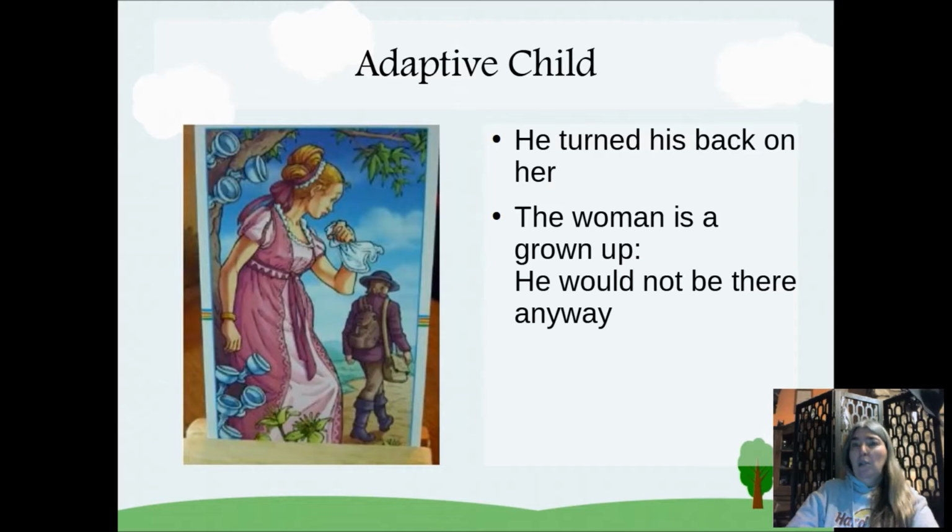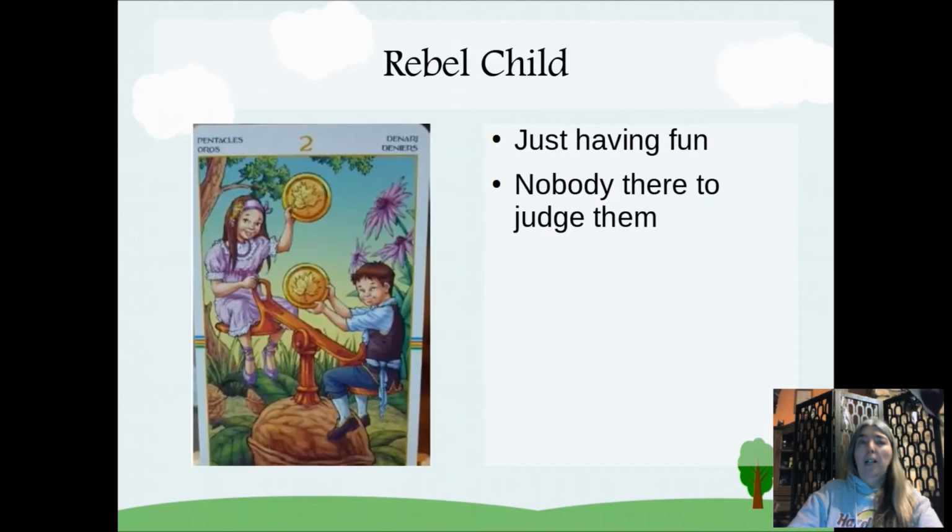The card she drew for the rebel child was two kids playing, just having fun. And when I was asking her to get an idea on the card, how she sees the card, the first thing she said was, "There's nobody to judge them. They have fun. That's it, period."